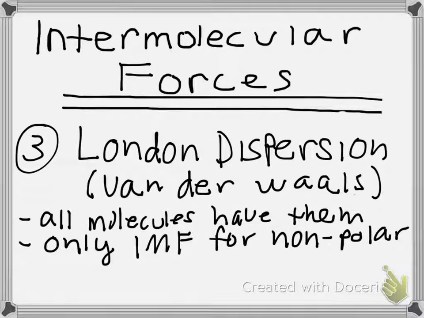The weakest of the intermolecular forces we're going to talk about are the London dispersion forces, also known as van der Waals forces. It's important to know that all molecules have these van der Waals forces between them. It's just that if you have nonpolar molecules, this is the only intermolecular force they have.